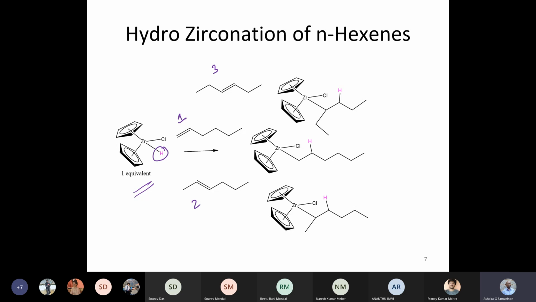So not only is an alkyne adding on to the hydride, we can also have the hydride add on to an alkene. That is also possible. In that case, again, the principles are the same. The intermediate is an alkene complex in which the hydride migrates to the alkene, and the end result is an alkyl complex.